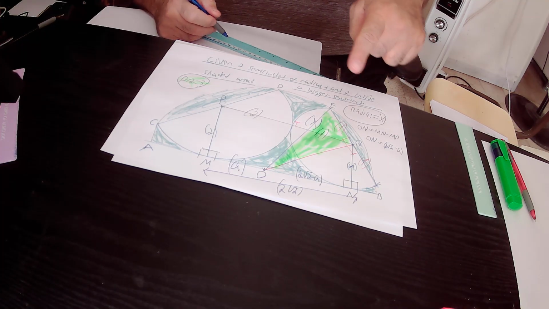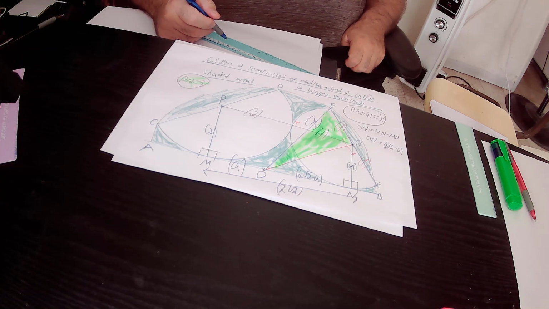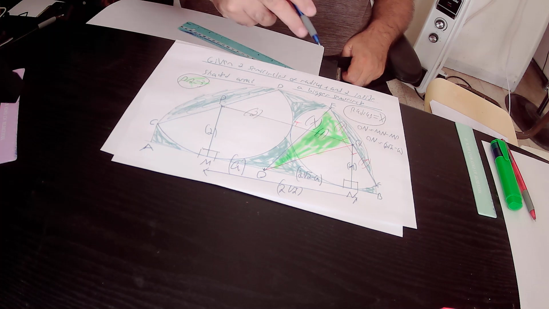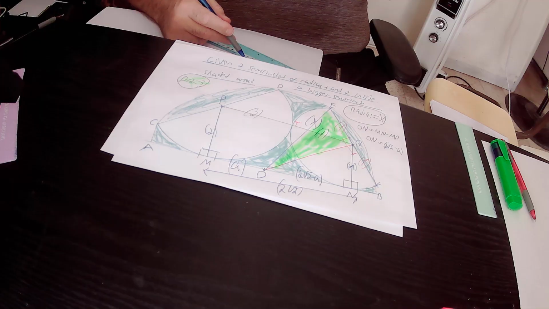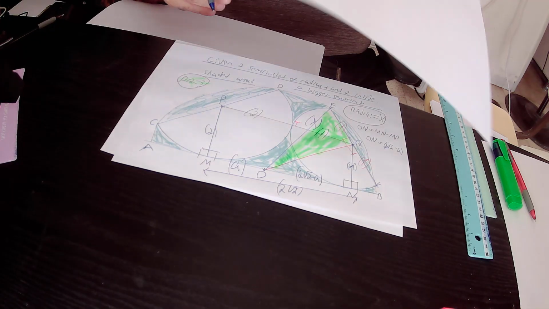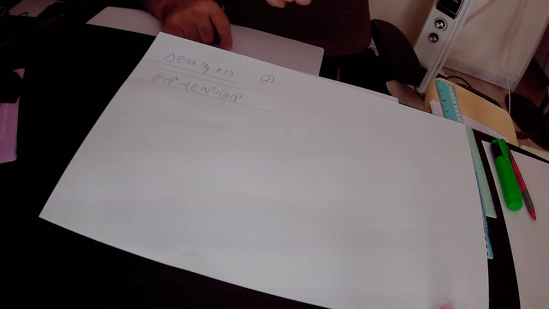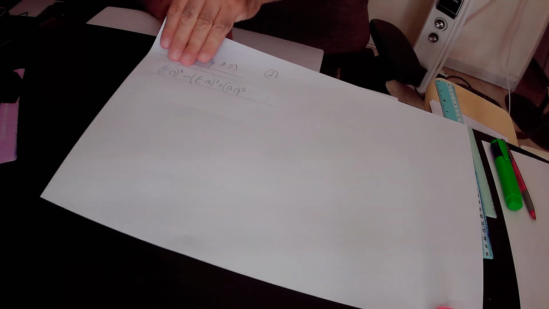And again, in this green right triangle EQO, according to the Pythagoras theorem, EO squared, the square of the hypotenuse, equals EQ squared plus QO squared.